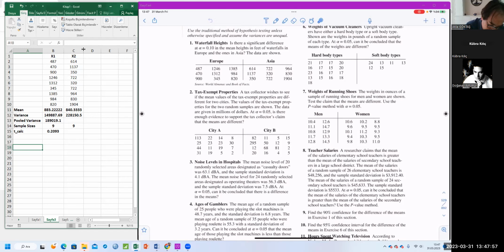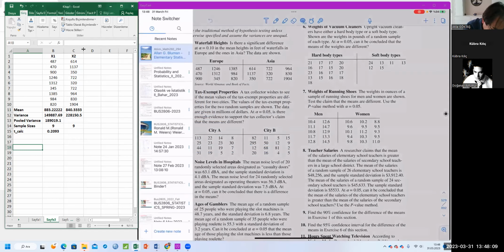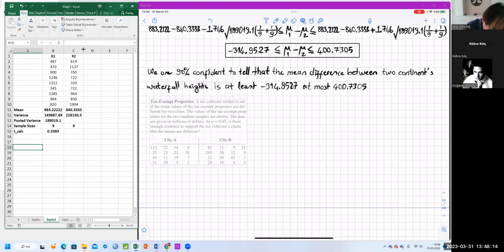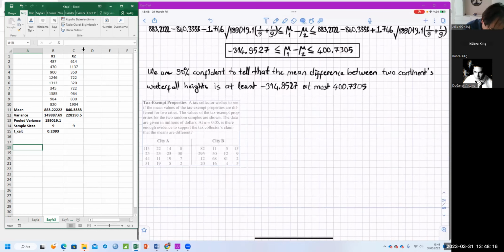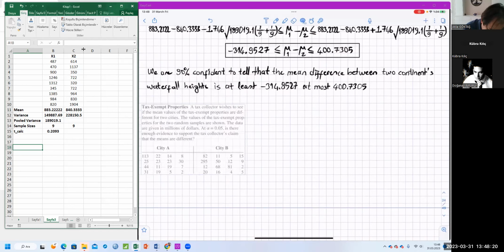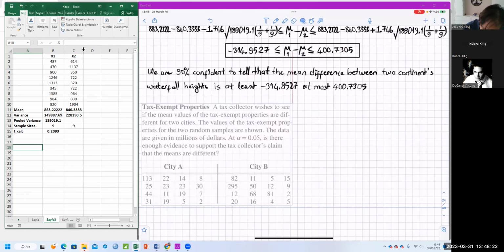So let me copy this exercise and place it within my lecture note. There it is. Another example.